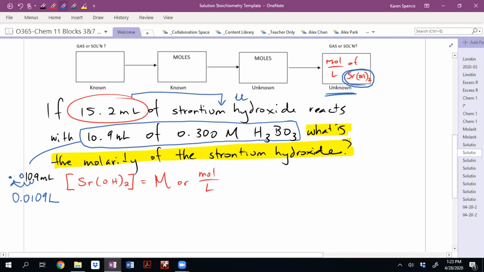So for our known substance, we know that we have 0.0109 liters. And we also know that we have 0.300 moles per liter.